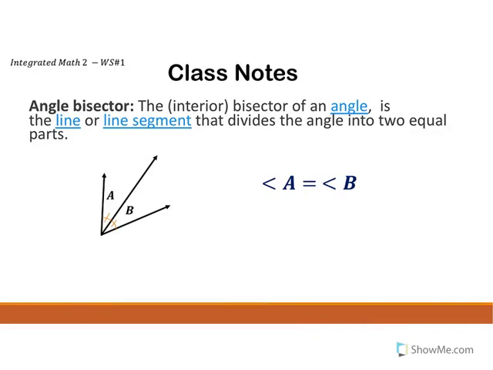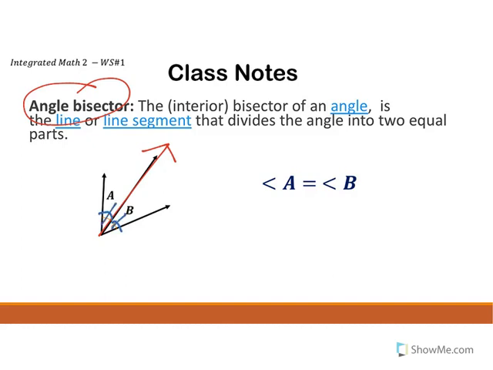Another definition is called angle bisector. The interior bisector of an angle is a line or segment that divides the angle into two equal parts. This segment here is called your angle bisector. I also want you to notice that in the drawing they have the same marking.